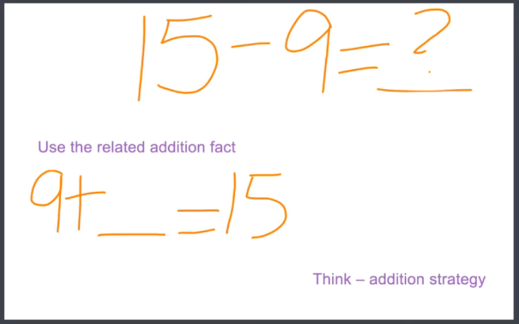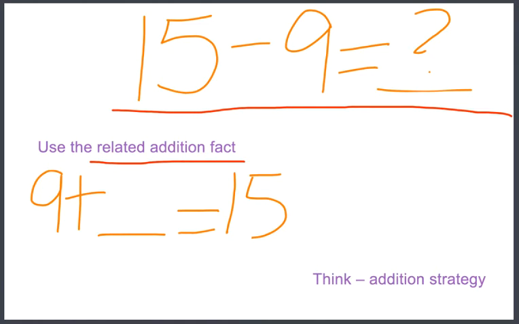So, let's look at this big problem. 15 minus 9 equals. Suppose you don't know the answer to this. How could you use related facts to figure it out? Let's think about using the related addition fact. 9 plus something equals 15. What do I need to add to 9 to get to 15?